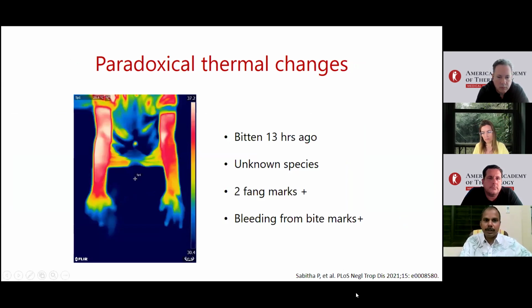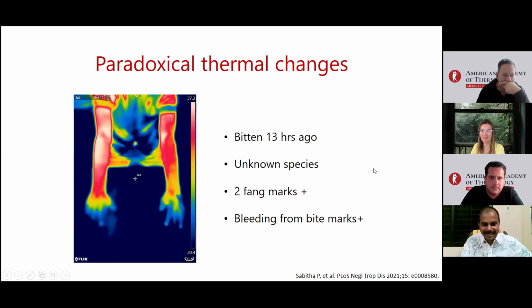We also noticed some paradoxical thermal changes. So far, I have been saying that when a snake bites and venom is injected, it leads to increased temperature. But if I show this image and ask you to guess which arm the patient was bitten on, how many of you will say the right side?